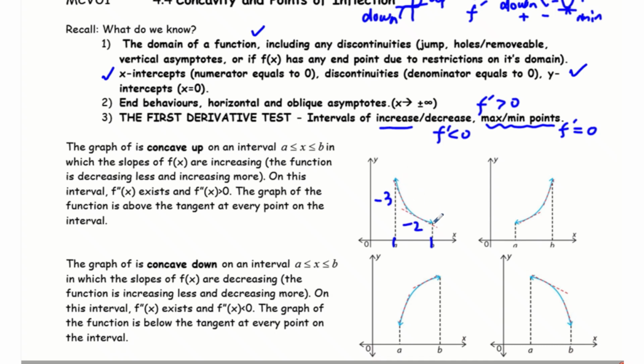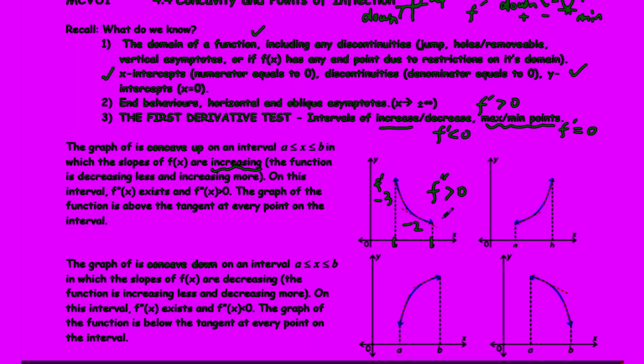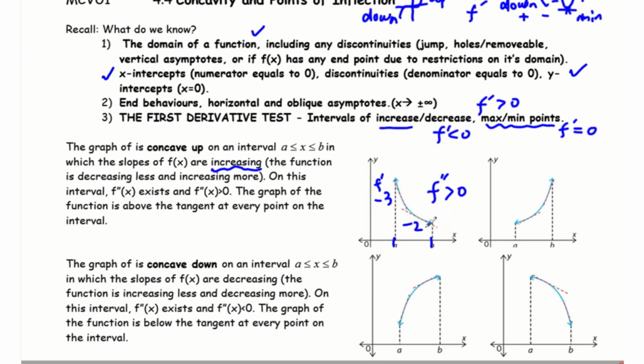But from -3 to -2, the slope is increasing. If the slope of the original function is increasing, then f double prime, which is the slope of f prime, is positive, then we call it concave up. If you put your palm here, it's open up.